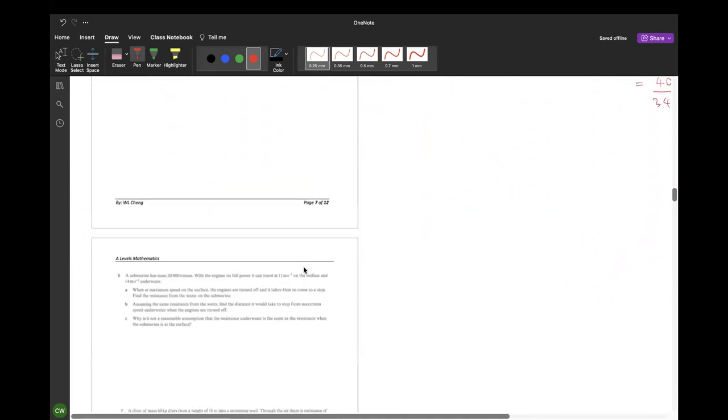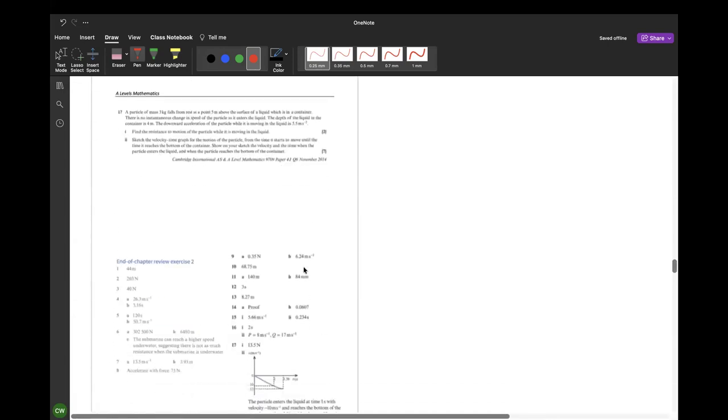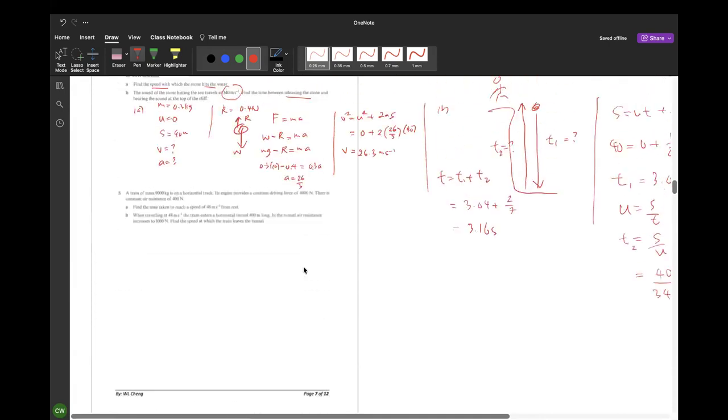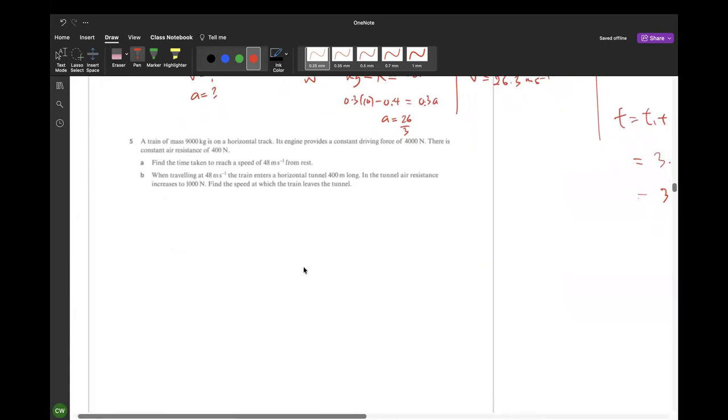Okay, try question 5. Train on track. Constant driving force, 4,000. Resistive force, 400.